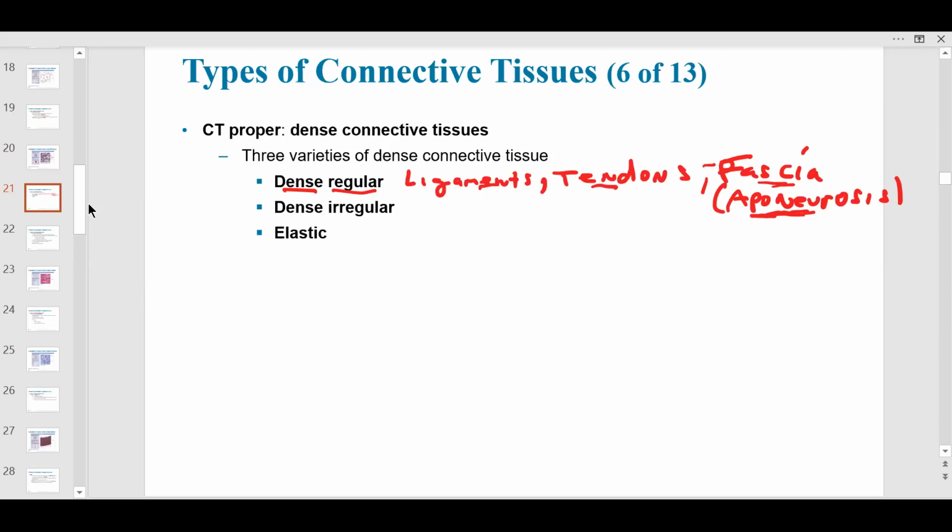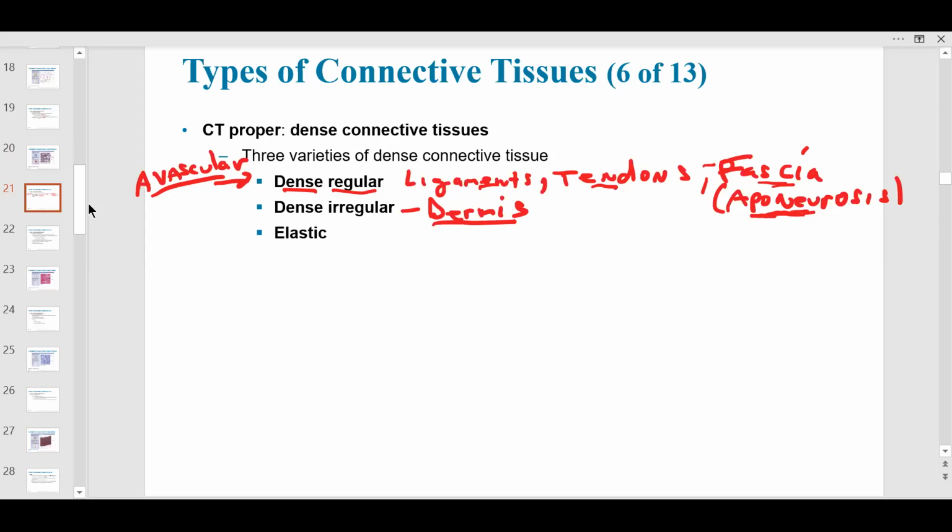And this is very avascular. It's the only connective tissue that's this avascular. So if you injure a tendon or a ligament, it takes much longer to heal because of that lack of vascularity. Dense irregular, and you should know what they both look like, is more in the dermis of the skin. The dermis, not the epidermis. The epidermis is epithelial tissue.